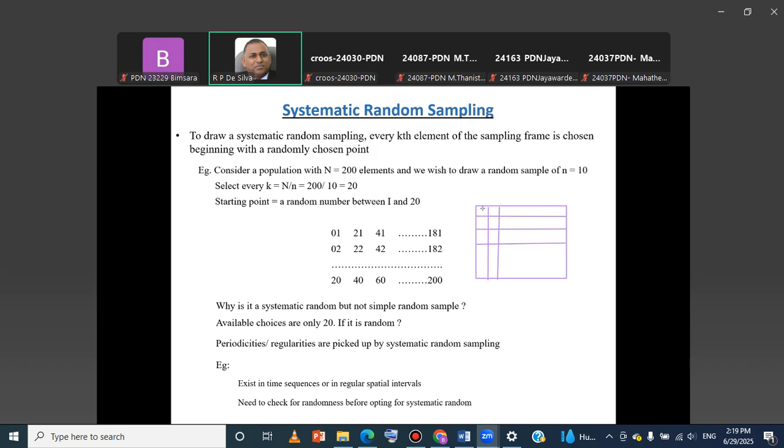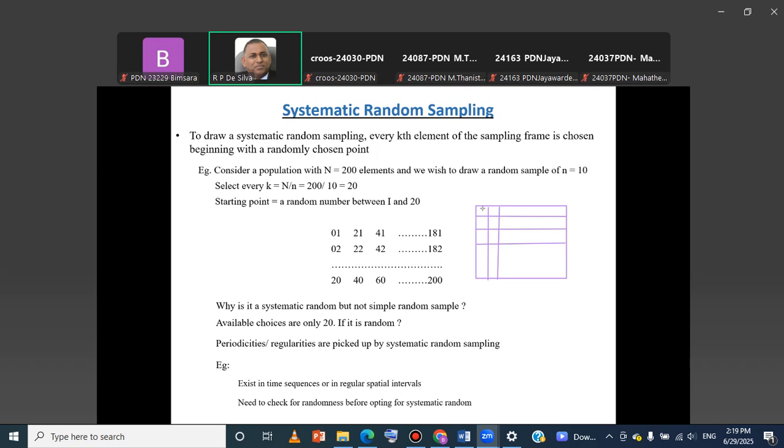It's happening every day in the same periods. Likewise, you have a certain period in which it happens. Or regularities. If things happen in a regular way, you can identify them using systematic random sampling.